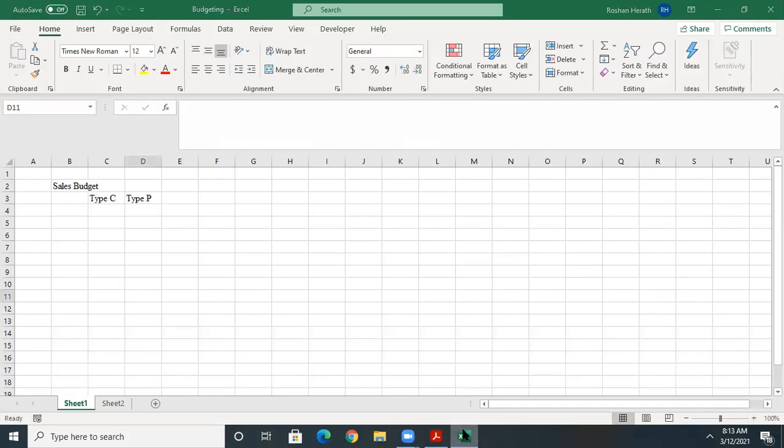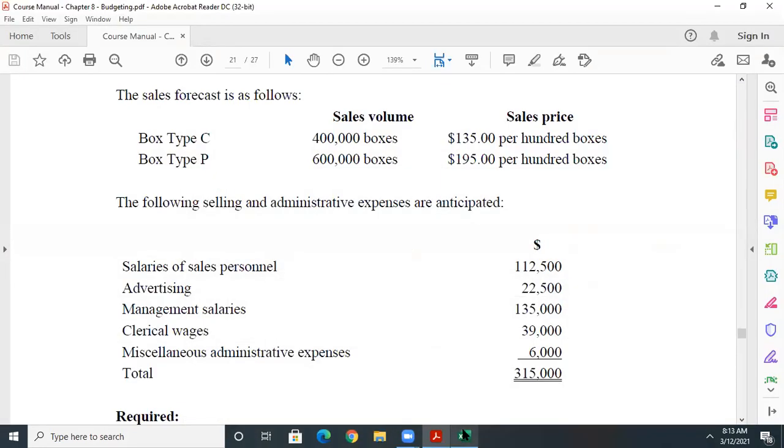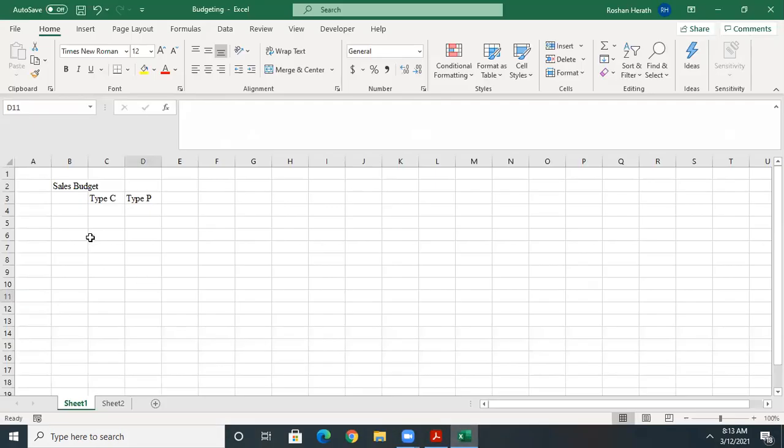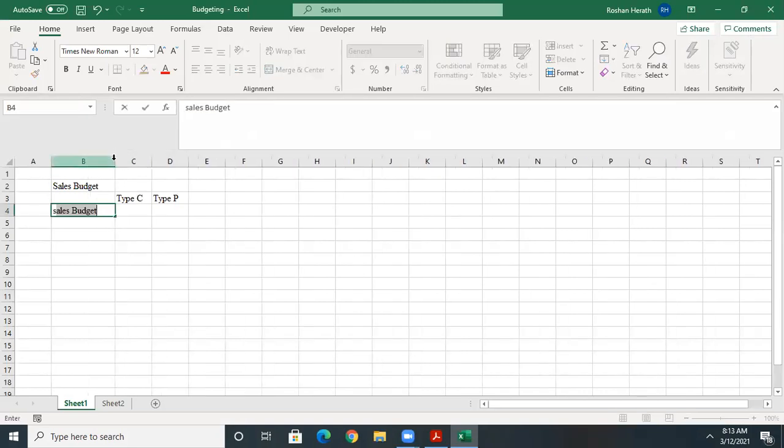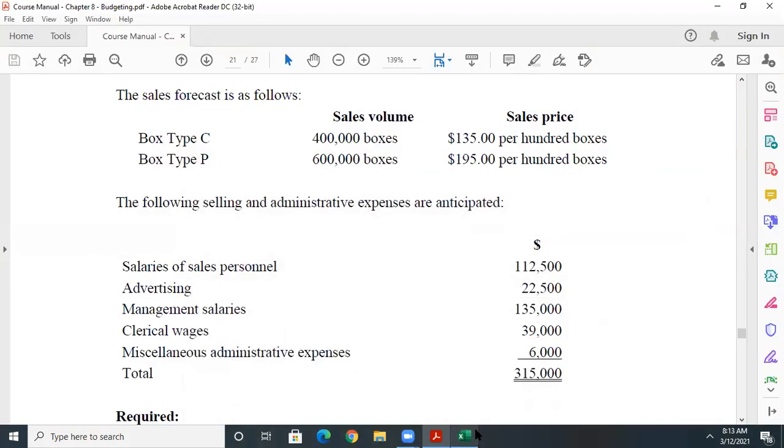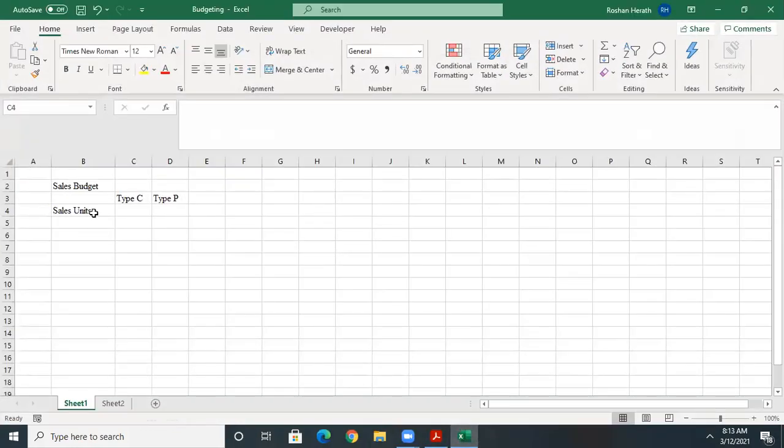So the units, let us take the boxes in 100 quantities. Sales quantities, I would say.